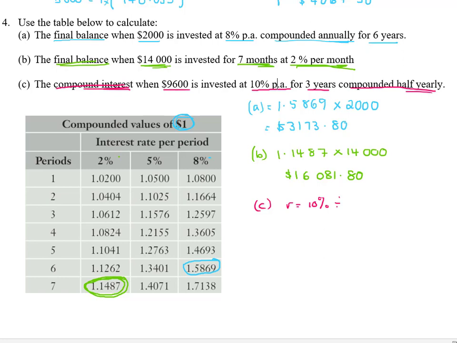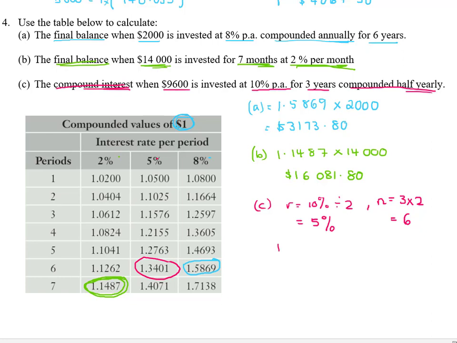So that means it happens twice. So I'm going to divide it by 2, and I get 5%. Now my number of time periods, it's 3 years, but it happens twice a year, so I'm going to multiply that by 2, so I get 6 time periods. So I'm looking at 5% for 6 time periods.